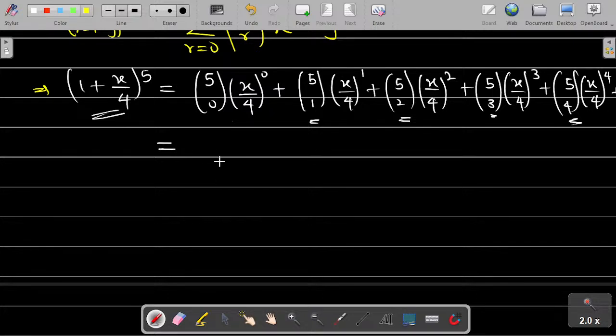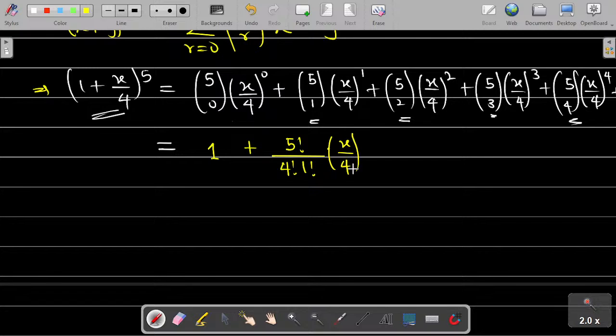Alright, so let's go. This is 5 combination 0, which is 1, multiplied by anything raised to the power of 0, which is also 1. So we have 1 here, plus this one is going to be 5 factorial over 5 minus 1, which is 4 factorial, times 1 factorial, multiplied by x over 4.